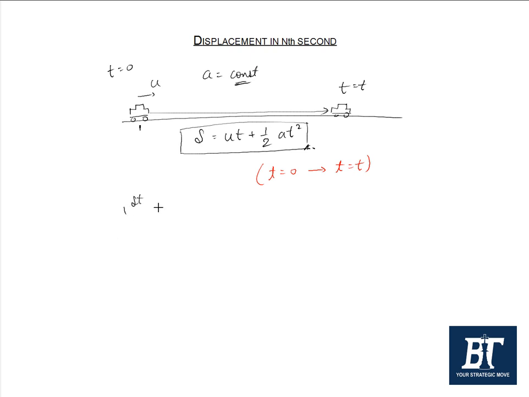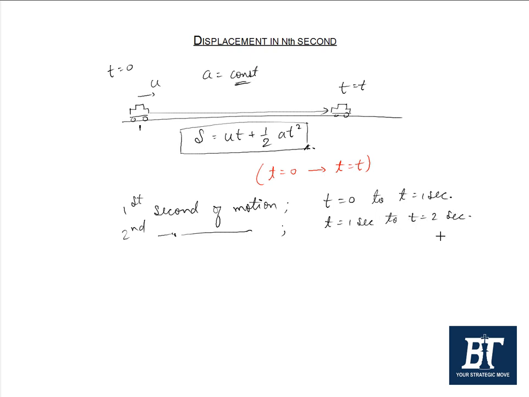First second of motion is defined as the interval of time from time t is equal to 0 to t is equal to 1 second. Similarly, second second of motion is defined as the interval of time from t is equal to 1 second to t is equal to 2 seconds.